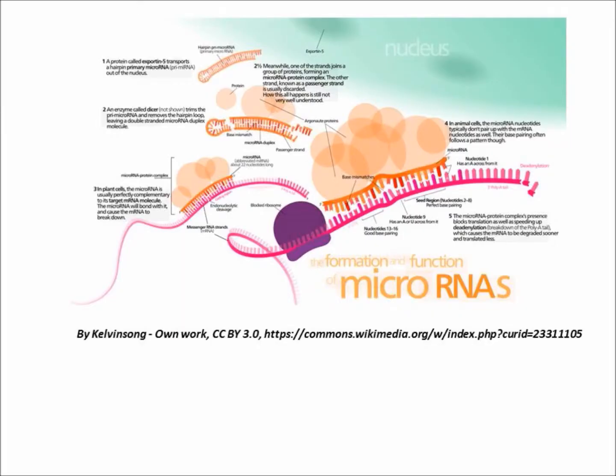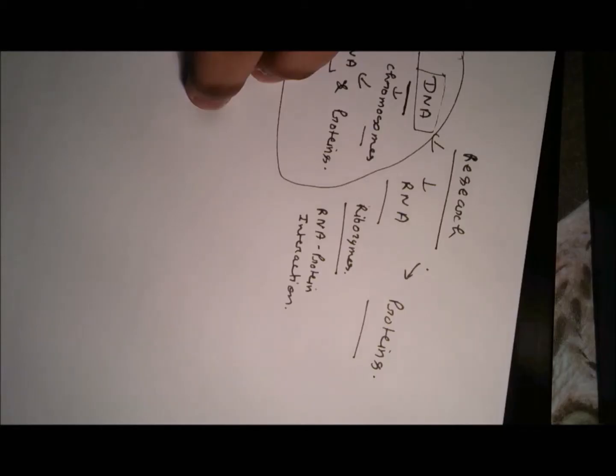Either they will regulate some gene expression, or the mRNA interacts with protein and forms RNA-protein complexes, which then transport from the nucleus, where the transcription happens, to the cytosol, where now this mRNA will be used to translate protein.